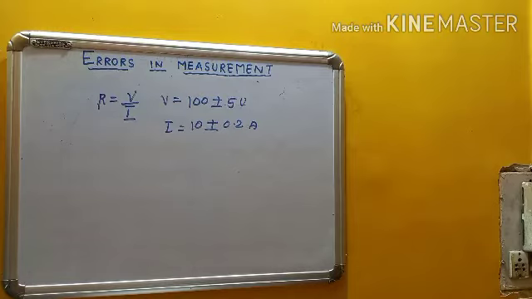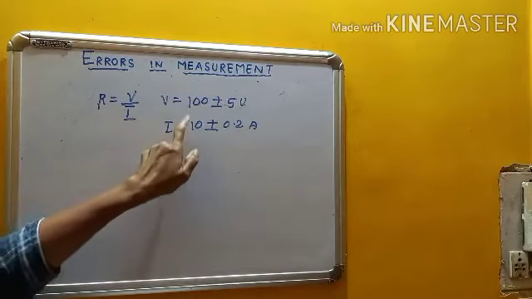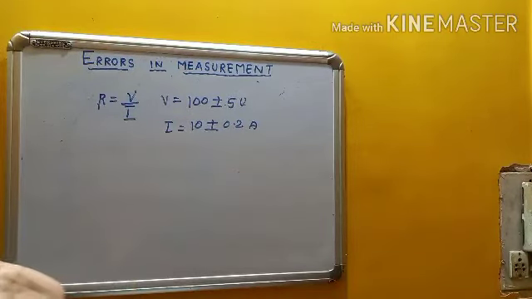So the question does not ask to express the resistance in terms of error limits. If it did, we would calculate as we did in the previous question, but the true value here is by division. So the true value will be 100 divided by 10, that is 10.